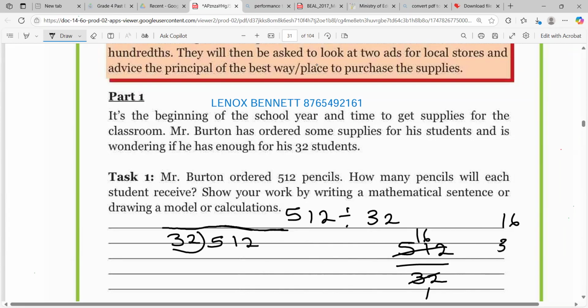Okay. 2 6's are 12. 2 1's are 2 and 1 is 3. 3 6's are 18. Put the 8 and carry the 1. No, sir, you're going to put the 8 under the 3 and put a 0 as a placeholder.